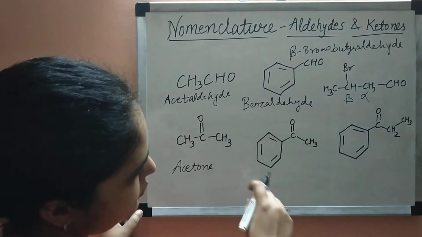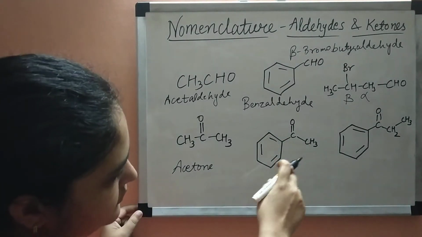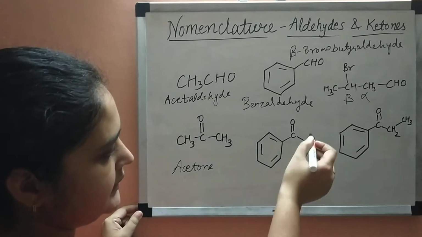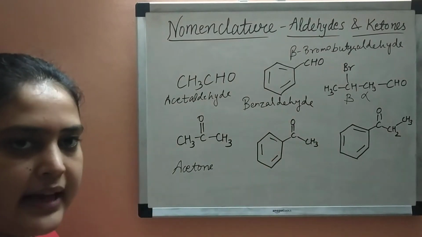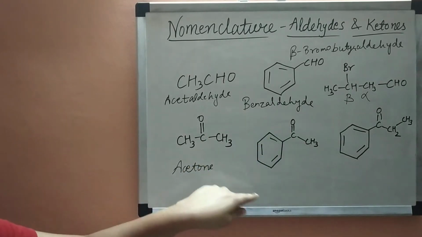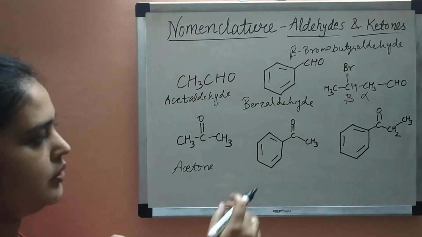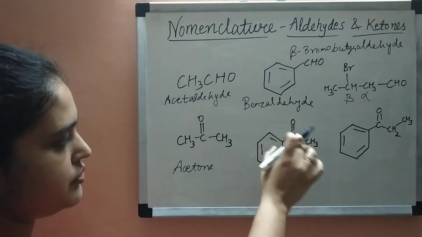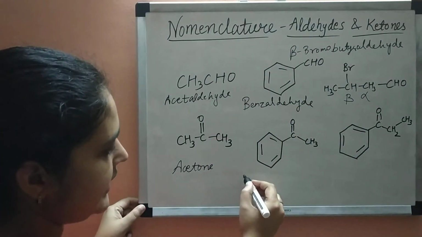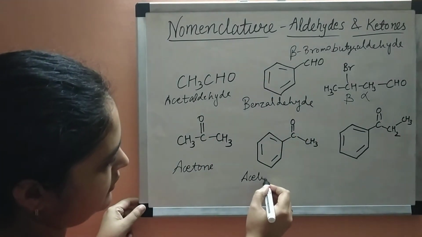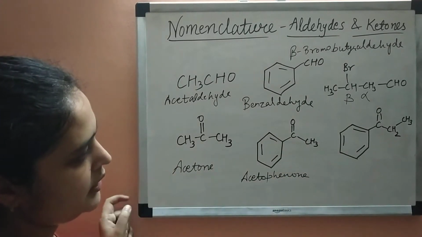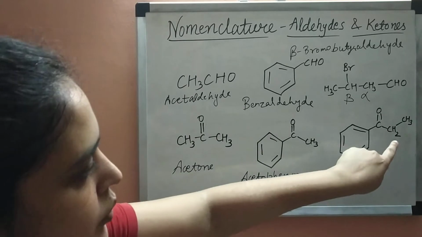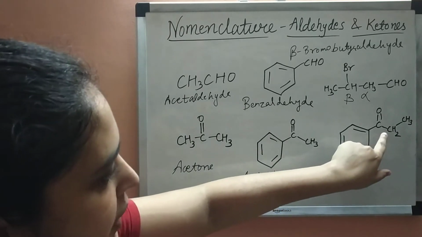Then this is acetophenone, because this CH3CO group is known as aceto group, and this is known as phenone, because the benzene ring is attached to the ketone group. So this is acetophenone. And what will be its name?